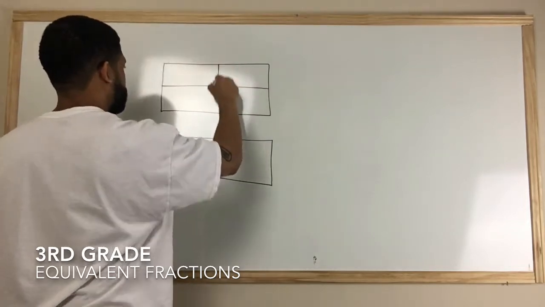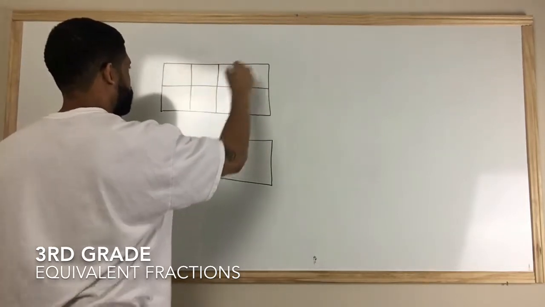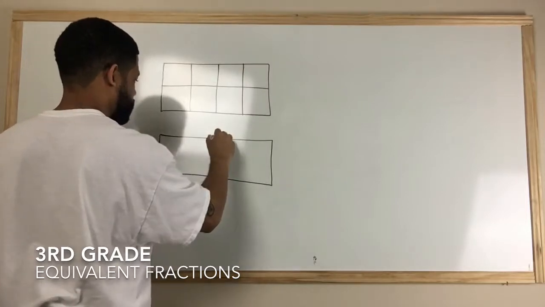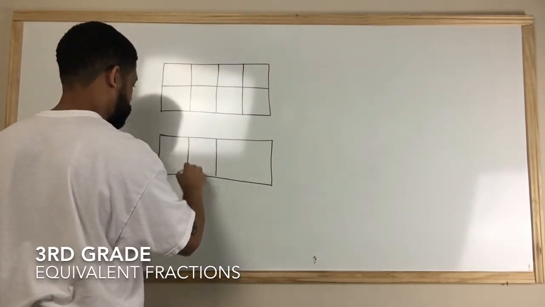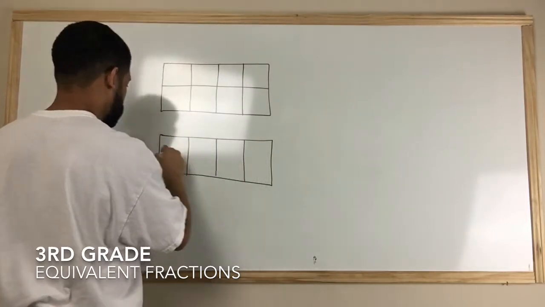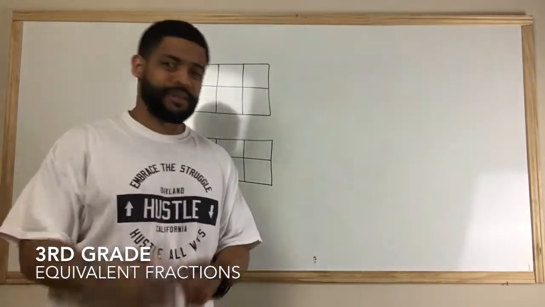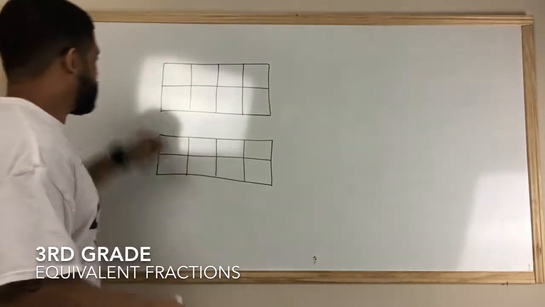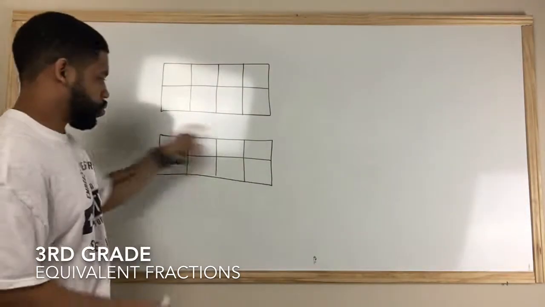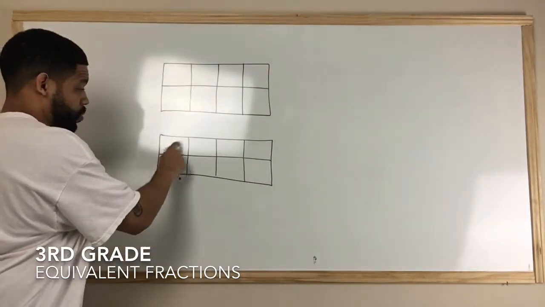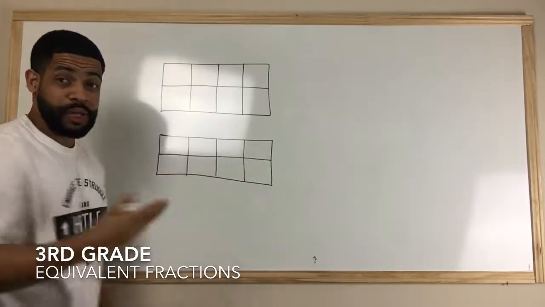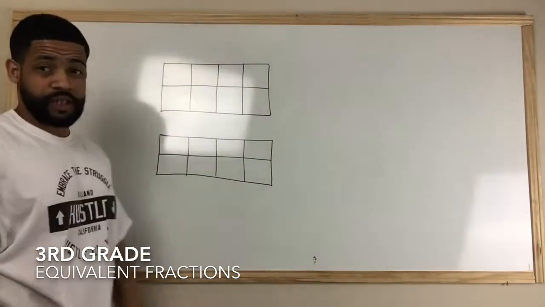And we're going to break them into 8 pieces. Once again, this is not drawn to scale, but you kind of get my drift. So this is one whole, this is one whole. I have 1/8, 1/8, 1/8, 1/8. So I have 8 pieces to this whole, 8 pieces to this whole, okay?